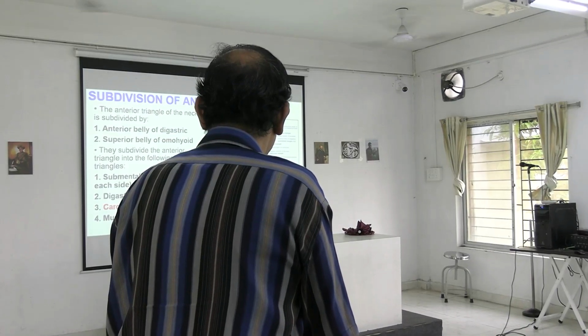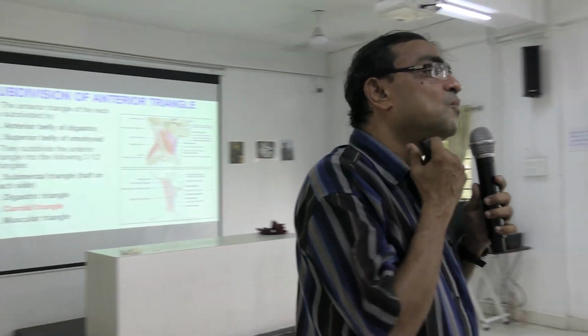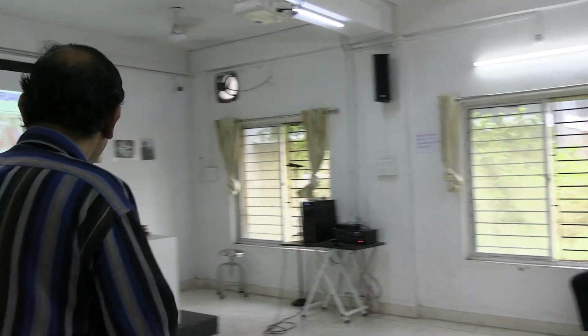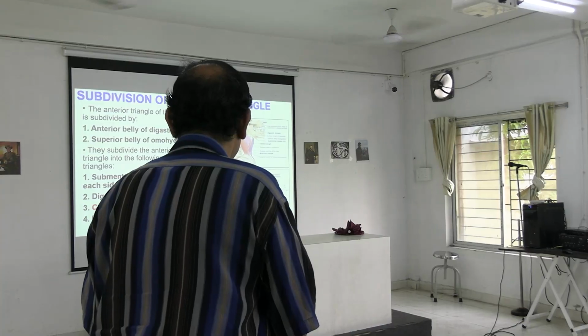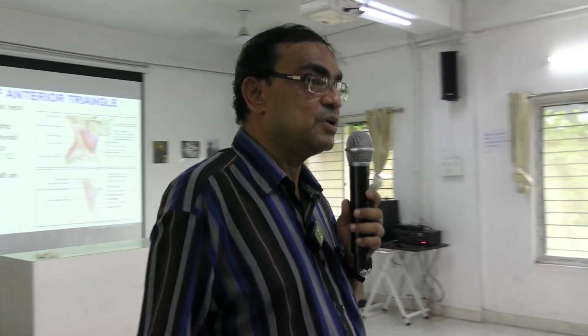Because we can find one of the major arteries of the body, that is the carotid artery. The common carotid artery divides into the external and internal carotid arteries at the level of the upper border of the thyroid cartilage. Here we can see the different branches of the external carotid artery.